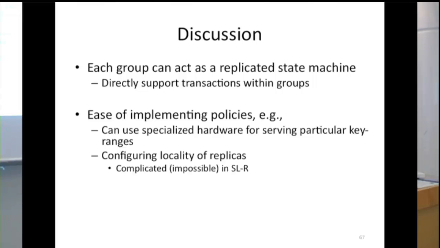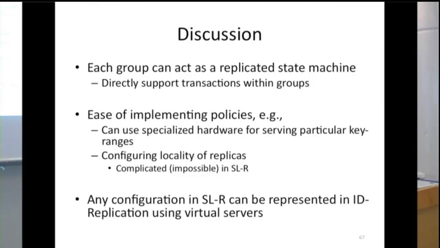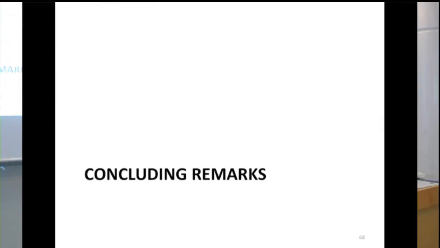This system gives you nicer ways of implementing more policies. And it turns out that if you have some configuration in successor-list replication, it can also be represented using ID replication by using virtual servers. This is what we want to prove formally. It's not in the thesis yet, but we are working on that now.